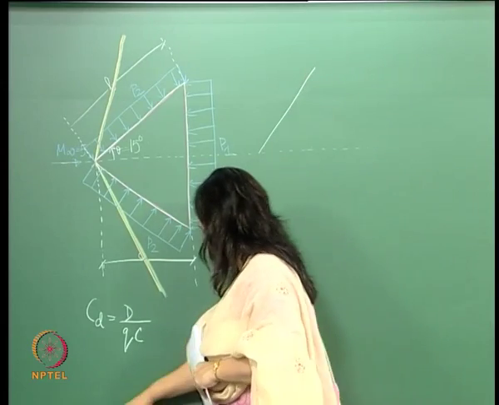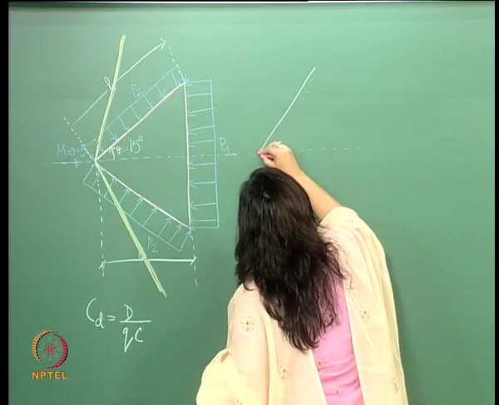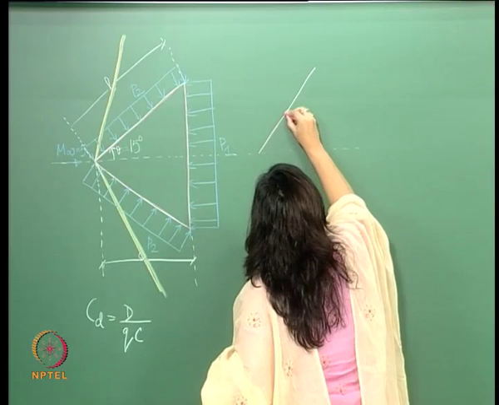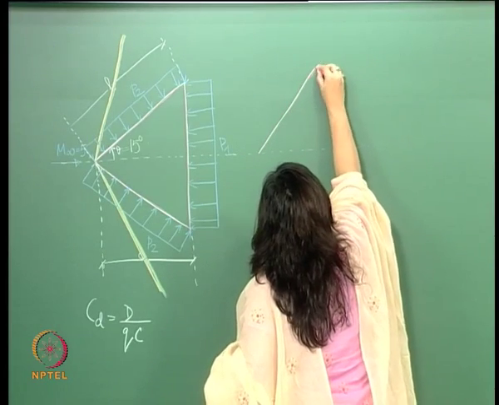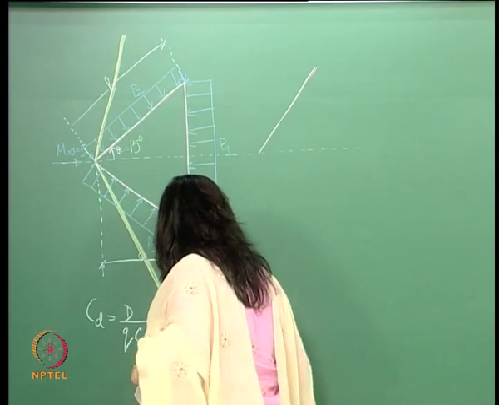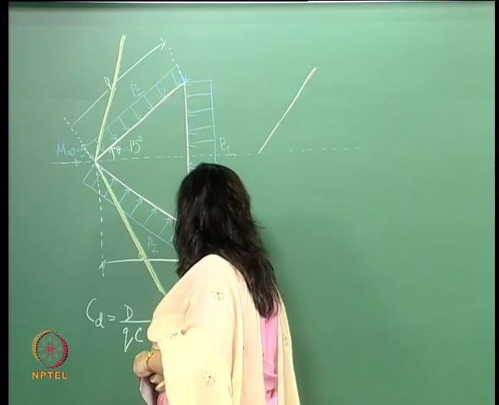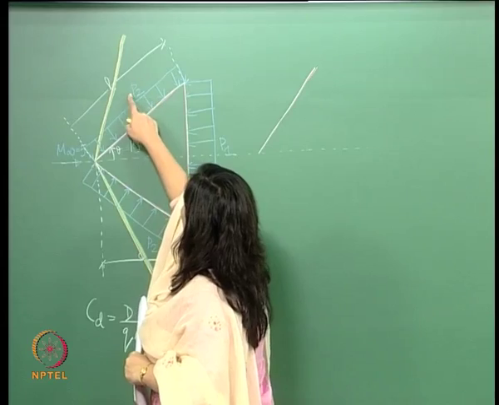We have that. So this is the surface. This is the side on which we have a pressure distribution of P2.